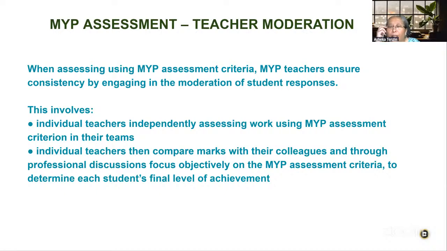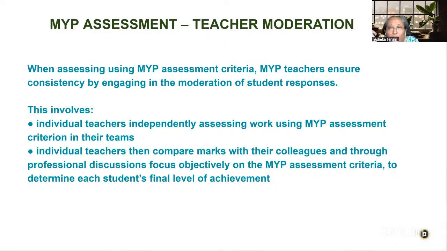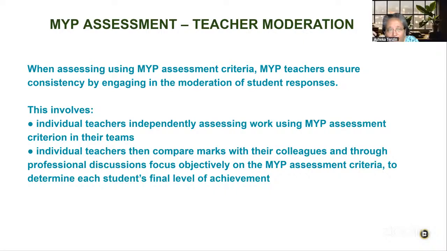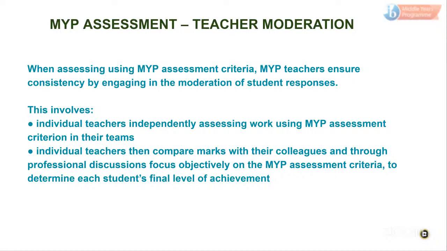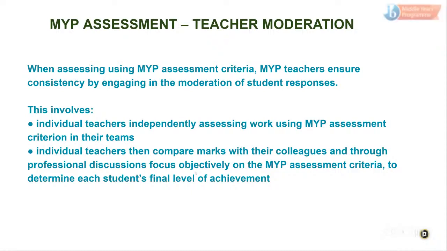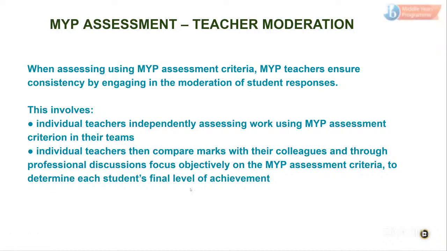This process is called moderation and it is very important so that all teachers are on the same page. Your 5 is also my 5, and we have this understanding of what a 5 looks like. Okay. So what happens during moderation is individual teachers first independently assess their work, and then they compare the achievement levels with their colleagues, and through professional discussions they determine the student's final level of achievement.